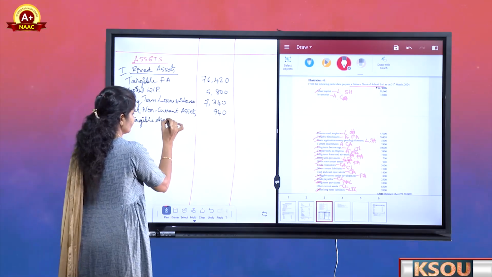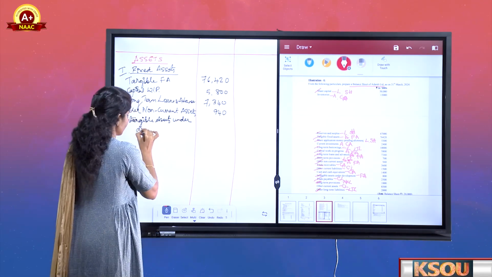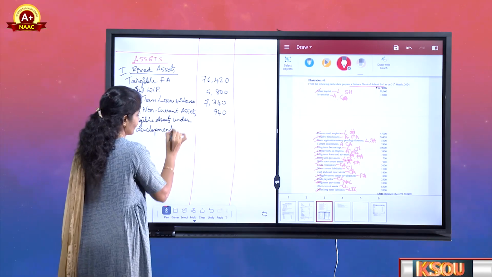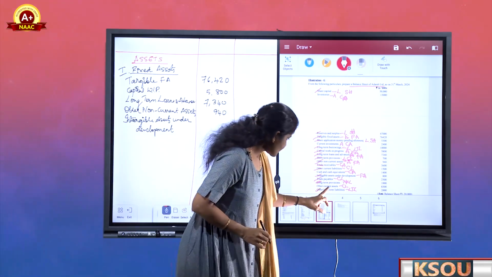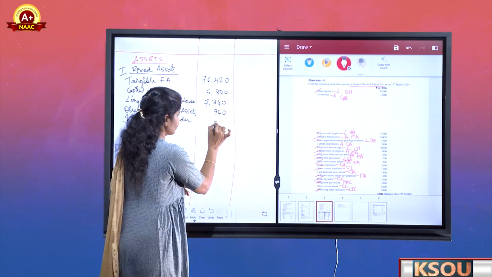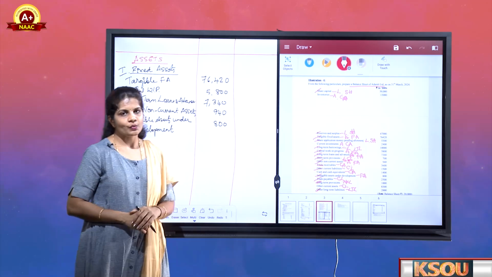What is the amount of intangible assets under development? It is 800 rupees. Other current asset also belongs to the current assets.